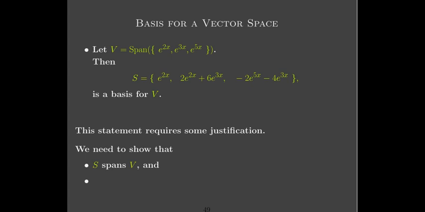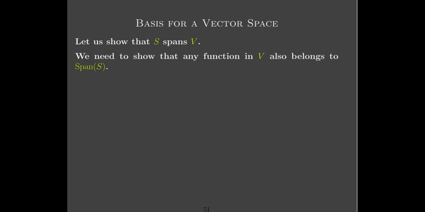Well, what do we need to show? We need to show that S spans V, so any function in V, any function in the span of those 3 exponential functions, can be written as a linear combination of the functions in S. And we need to show that that set S is linearly independent.